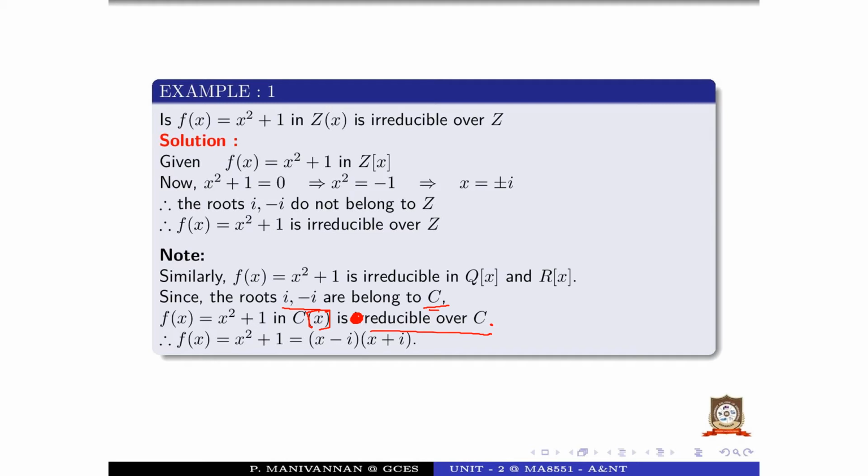Therefore, it is reducible over C, and irreducible over Z, Q and R.